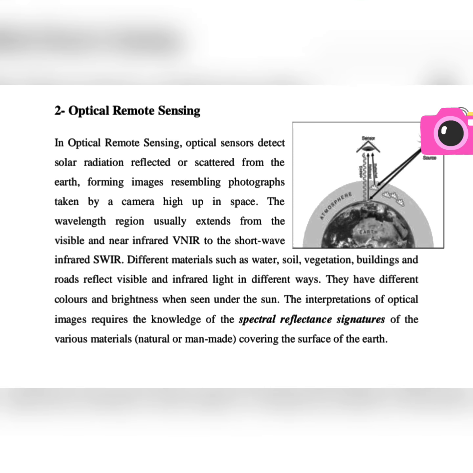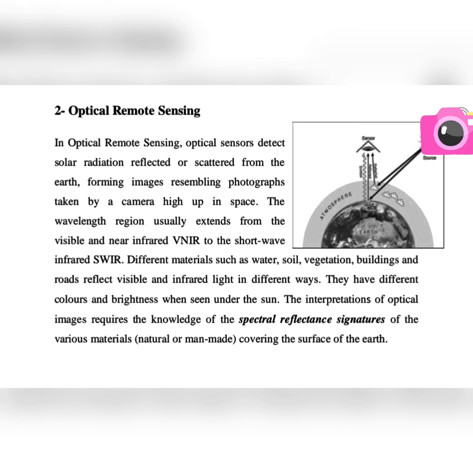Next one is optical remote sensing. In optical remote sensing, optical sensors detect solar radiation reflected or scattered from the earth, forming images resembling photographs taken by a camera high up in space. The wavelength region usually extends from the visible and near infrared, VNIR, to the shortwave infrared, SWIR.